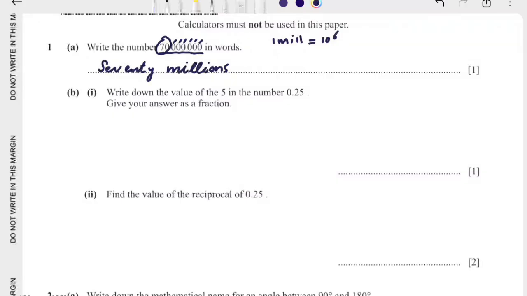B part, write down the value of the 5 in the number 0.25. Give your answer as a fraction. If you see this number 0.25, the place value of 2 is tenth and the place value of 5 is hundredth. So hundredth means 1 over 100 multiplied by 5.